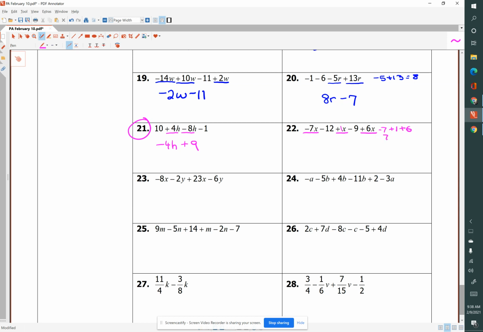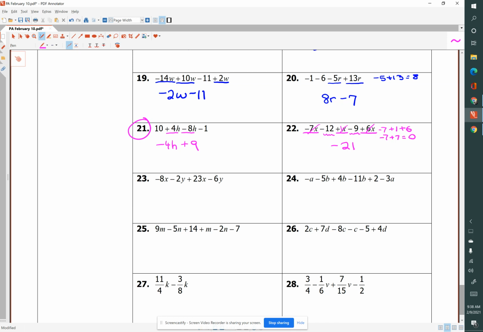That's the same as negative 7 plus 7, which equals 0. So these cancel each other out. The x's go away, and now we have negative 12 minus 9, which equals negative 21. And that's the final answer there. So the x's went away.